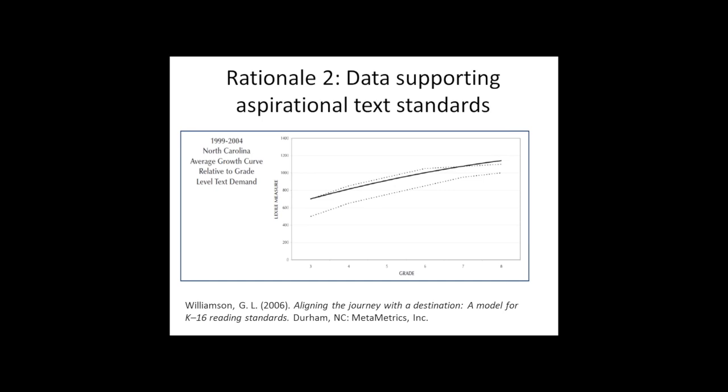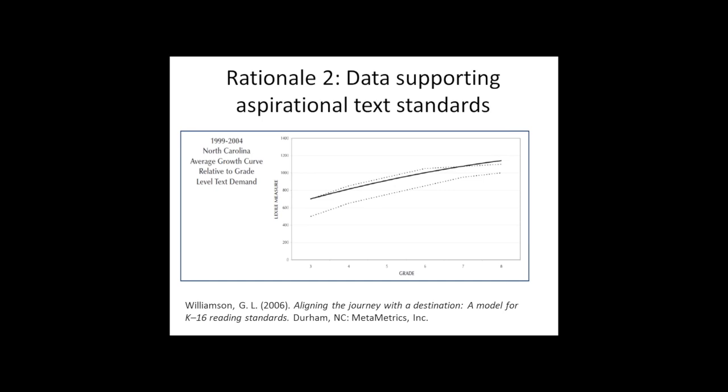The second rationale supporting the text complexity increases was a study conducted in 2006. Essentially, the solid line represents the performance of North Carolina students, and the dotted lines represent the complexity of text to which the students were exposed.